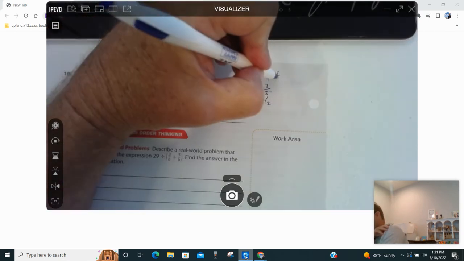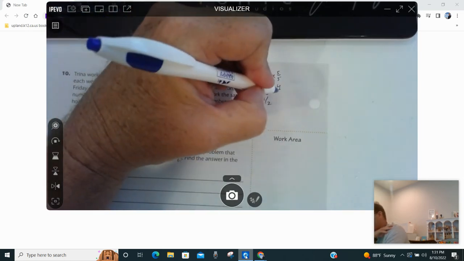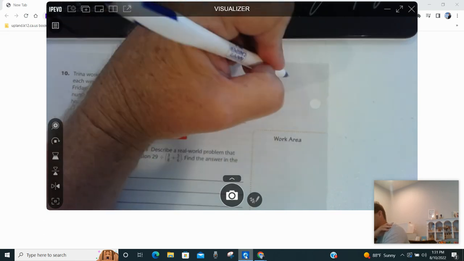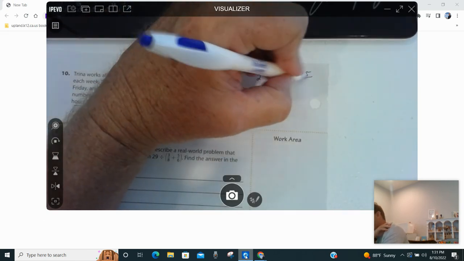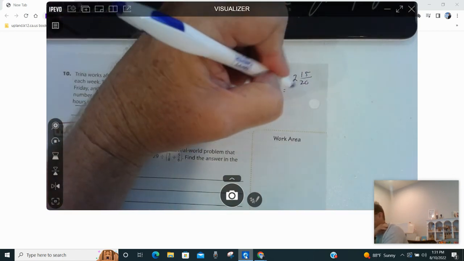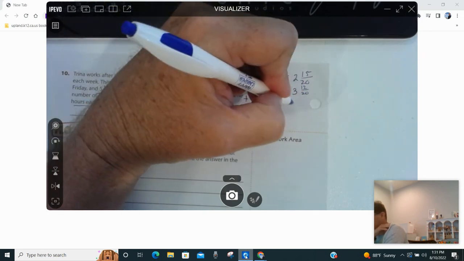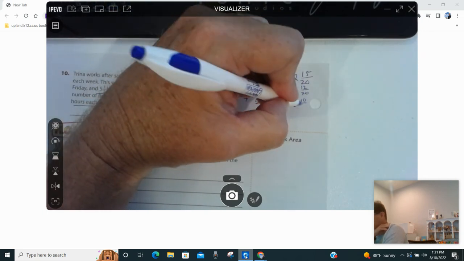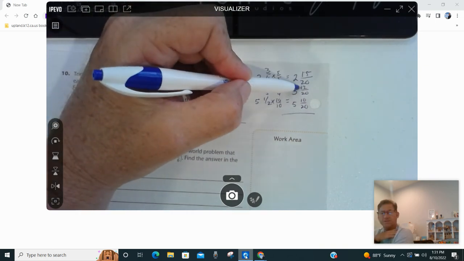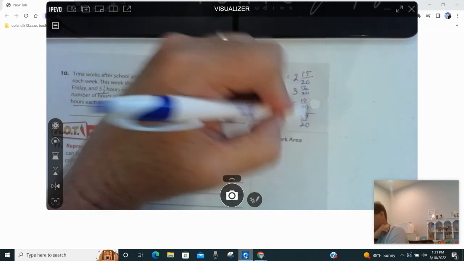So multiply 3/4 by 5 over 5, multiply 3/5 by 4 over 4, and multiply 1/2 by 10 over 10. So 2 15/20, 3 12/20, and 5 10/20. So 15 plus 12 is 27, plus 10 is 37/20.